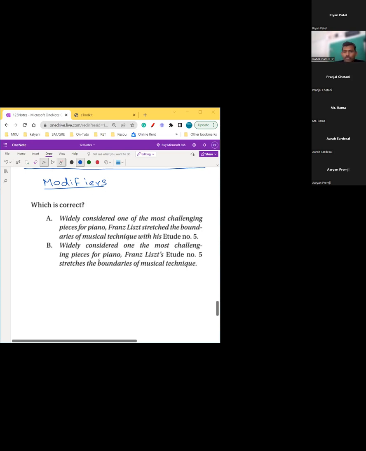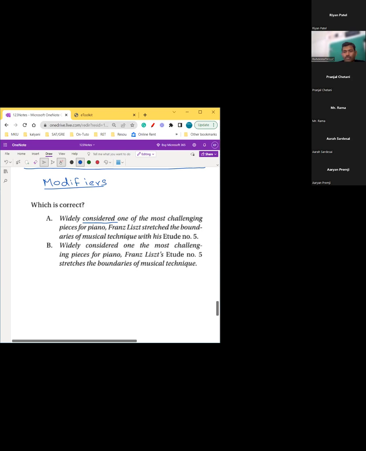Now, in this case, sentence A has a dangling participle. The past participle "considered" requires a subject.